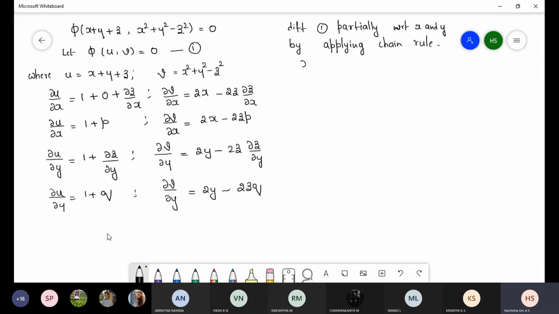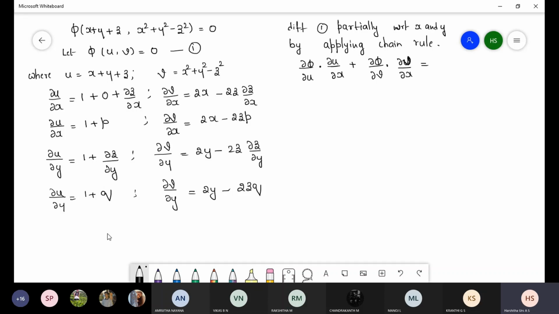First write dou phi by dou x, first term with respect to u, so we write dou u, and the same thing for dou v. Next, the next term is v, so here also dou phi by dou x and dou v.